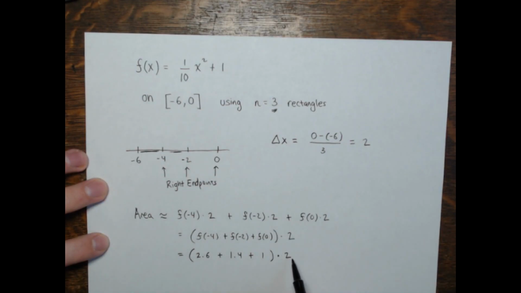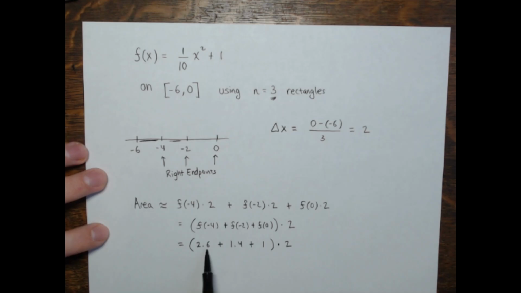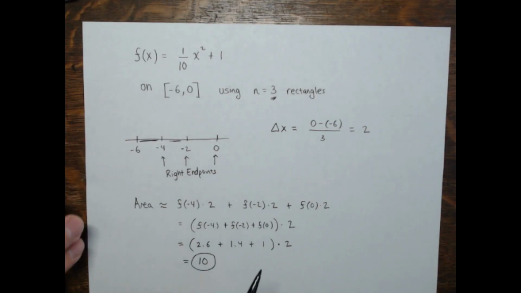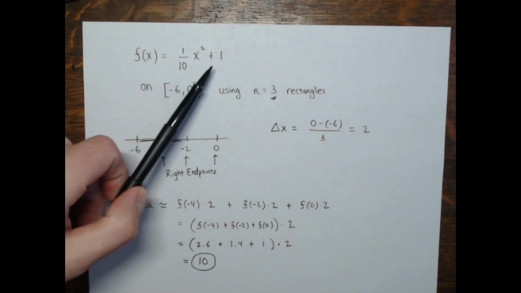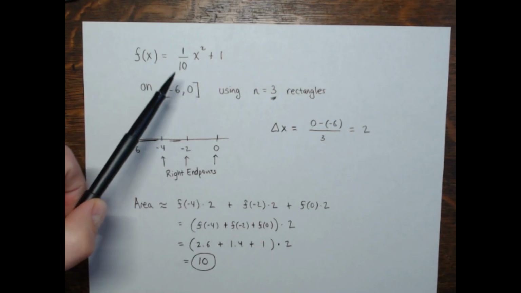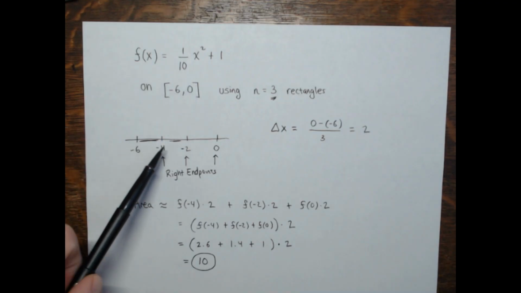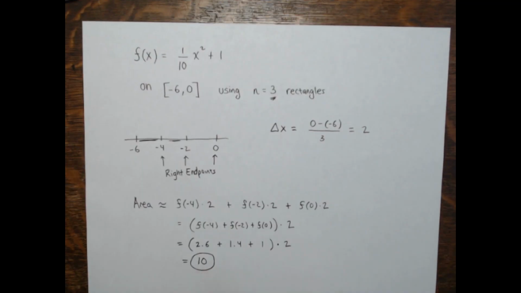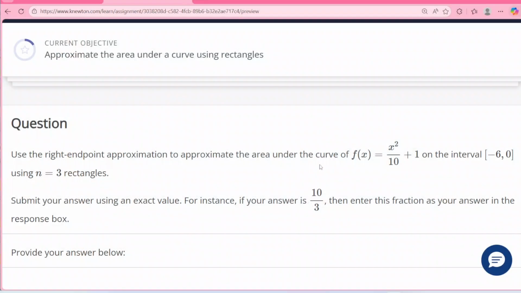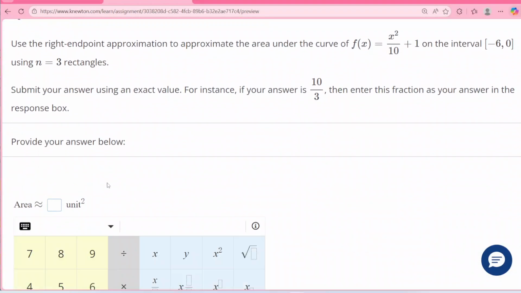And again, this is all getting multiplied by the width of 2. 2.6 plus 1.4 is 4, plus 1 is 5, times 2 is 10. So this adds up to exactly 10. So the area under the curve, whatever the graph of this function looks like, some parabola, over the interval from -6 to 0 is approximately 10 square units, using just those 3 rectangles.